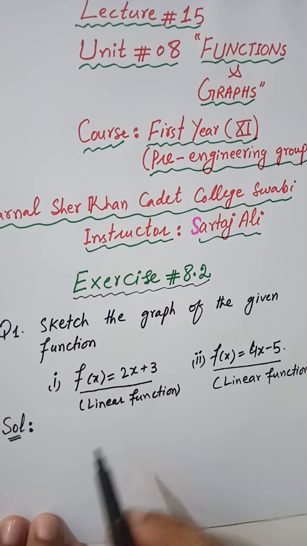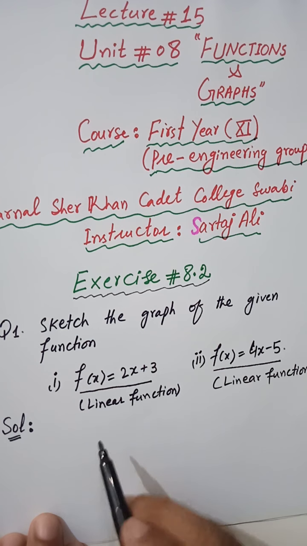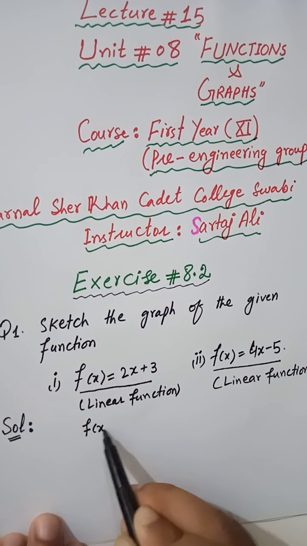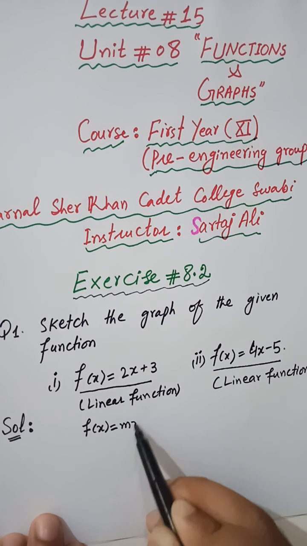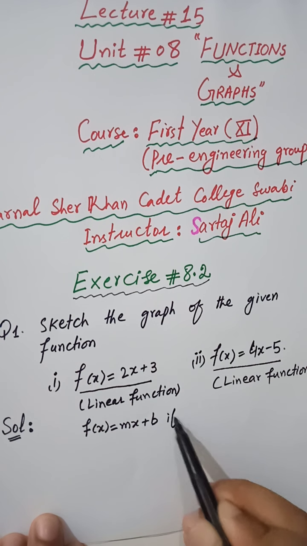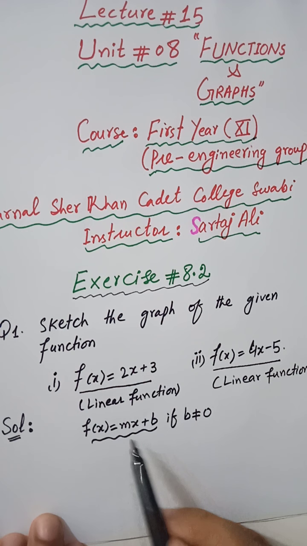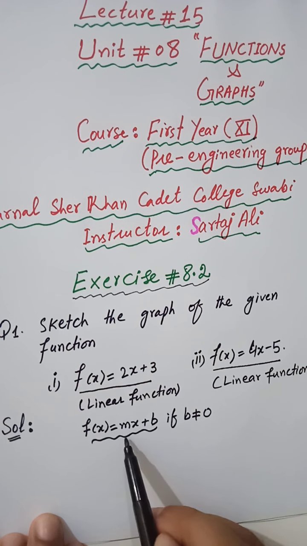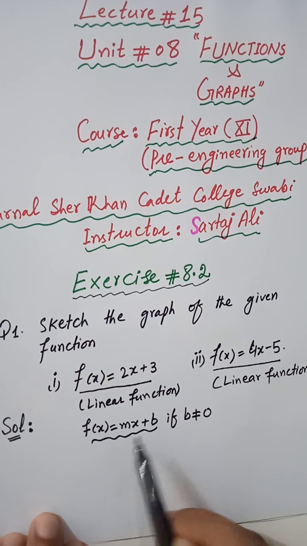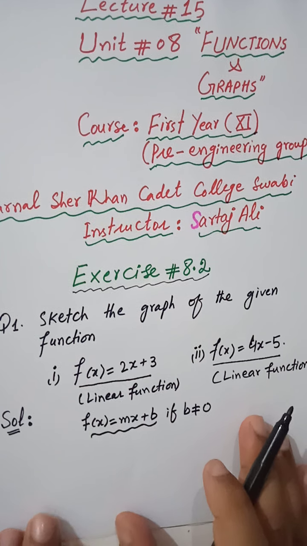You know from the theory that we discussed in previous video lectures, the standard or the general form of a linear function is f of x is equal to mx plus b. So we discussed that if b is not equal to 0, then this linear equation, which is in the general form, is called a non-homogeneous linear equation. So these are the two non-homogeneous linear equations.